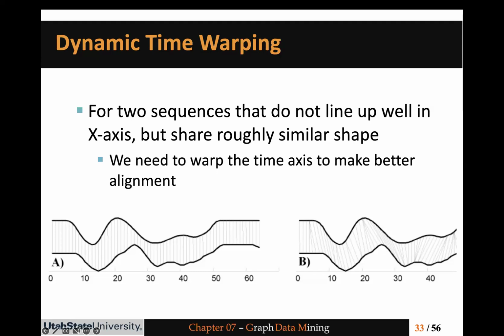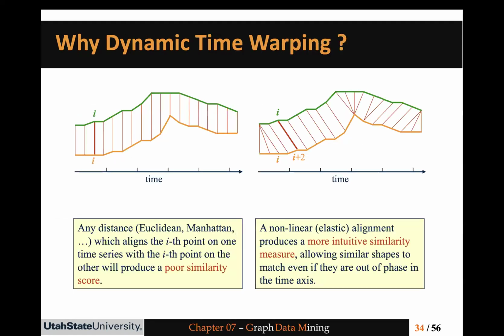So we say that we are warping the time axis in order to make a better alignment of the two time series and catch possible peaks or patterns that happen later due to natural delays that might happen between sensors and regular everyday data capturing processes.